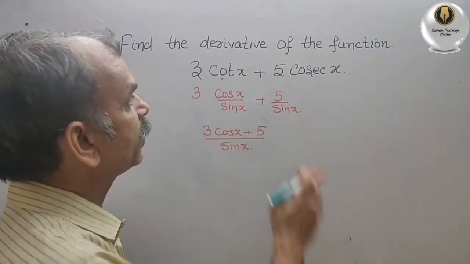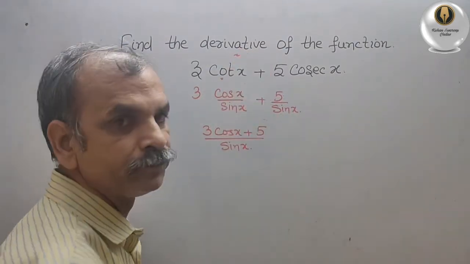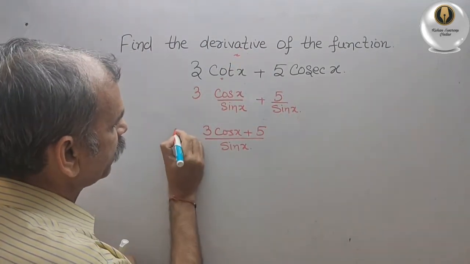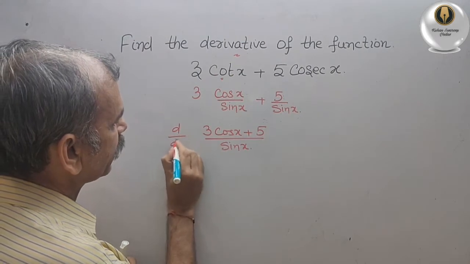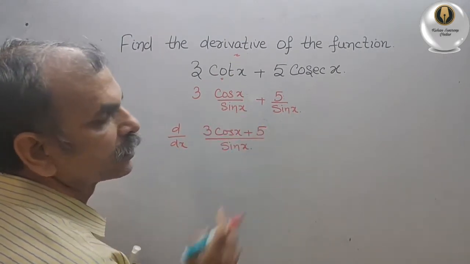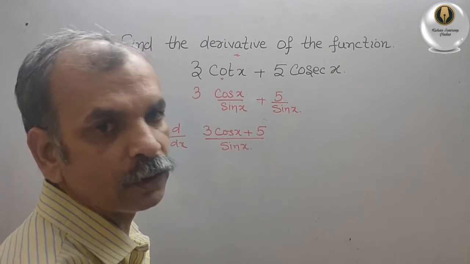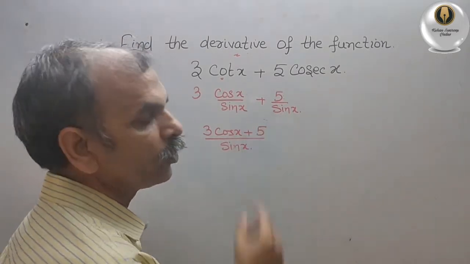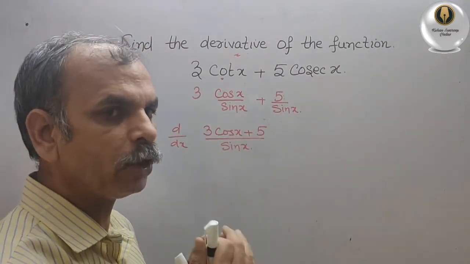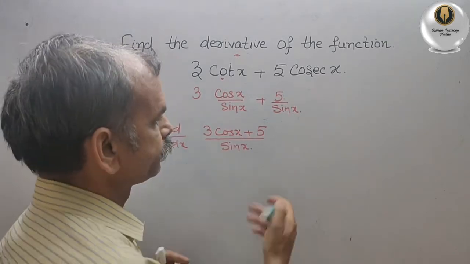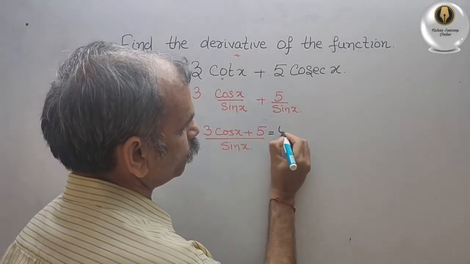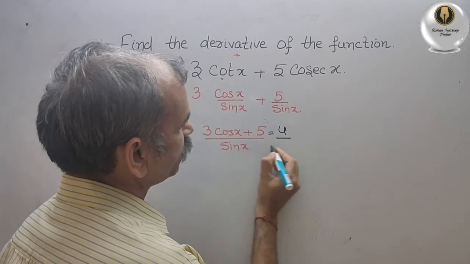Now we will go for our derivative, that is d by dx of this. Now what will we do? We will take the numerator as u and the denominator as v.